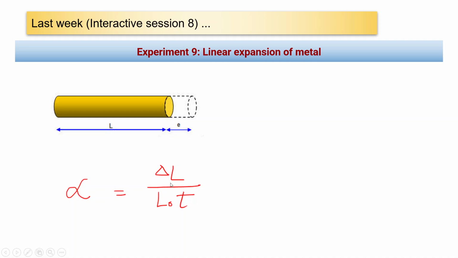So alpha is the linear thermal expansion coefficient, and we understood how to perform the experiment to find out the value of alpha, and also solved some questions based on this. So these were the things that we did in the last session.